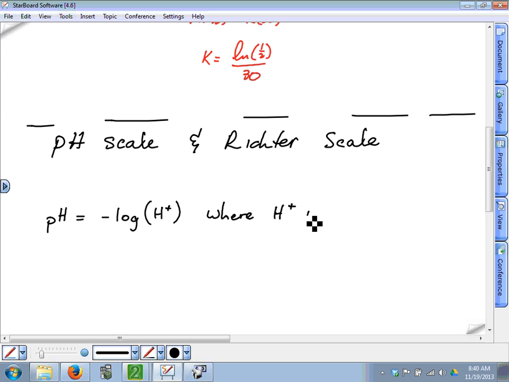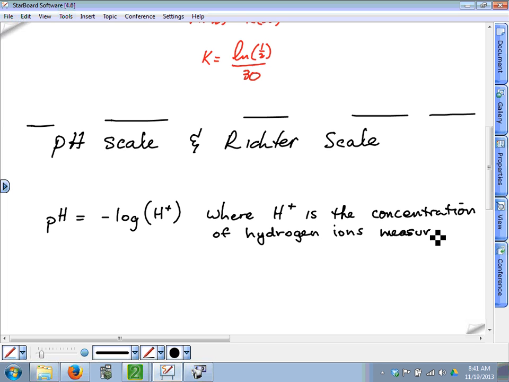Yes, you are correct. Where H plus is the concentration of hydrogen ions, and that's measured in moles per liter.